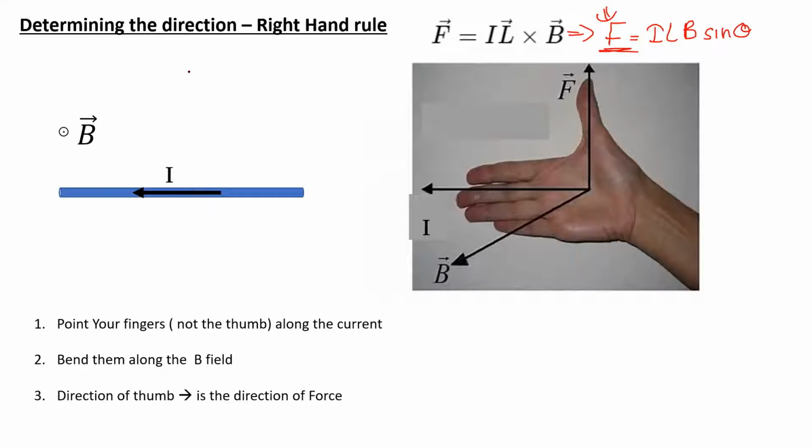So how to find it? For this, we will be using the right hand rule. There are two kinds of right hand rule, and this is the one which is relatively hard compared to the other one. The other one we are going to learn on Wednesday.